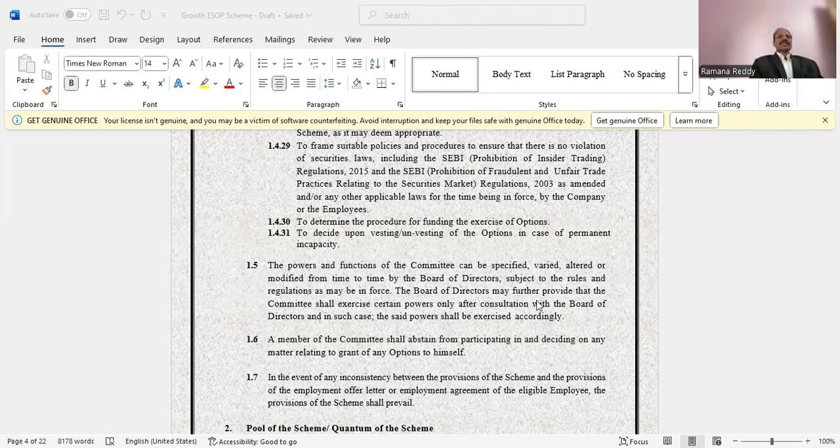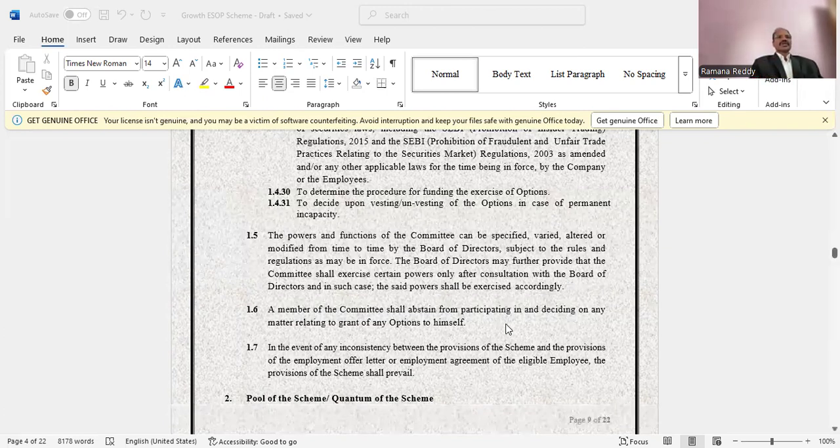So the board of directors may further provide that the committee shall exercise certain powers only after consultation with the board of directors, and in such case, the said powers shall be exercised accordingly. So the board of directors will guide the committee.